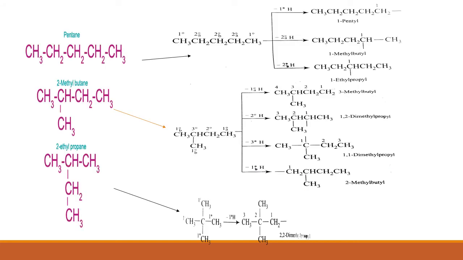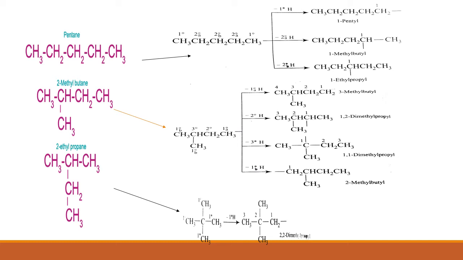Now pentane. Pentane can be represented by 3 structures. There are 3 isomers of pentane: pentane, 2-methyl butane, and 2-ethyl propane. Or we can also say that these are in different ways: one side an ethyl group, two sides methyl groups. So these can be represented, number 1, from pentane.